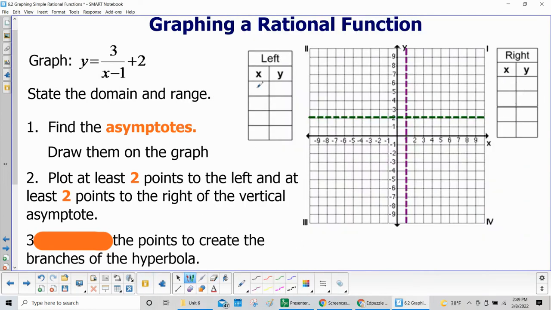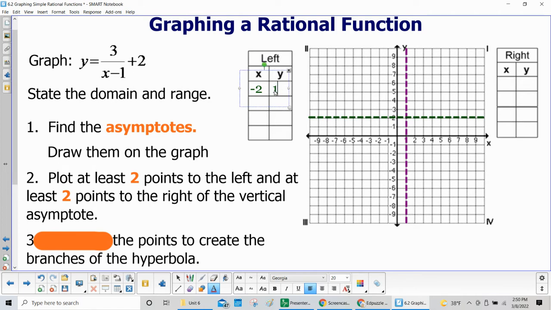So I'm going to try to type these in here really quick. Oops, that's going to be too big of a font. Let me shrink my font down really quick. So on the left side of the graph, those are my negative numbers. So I have -2, and I'm going to plot 1.5.